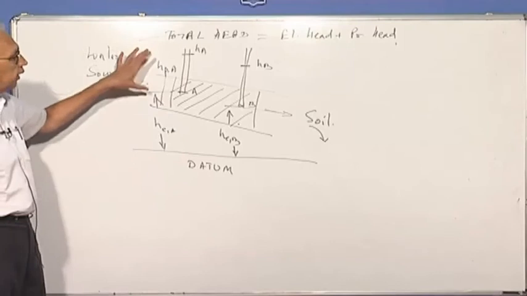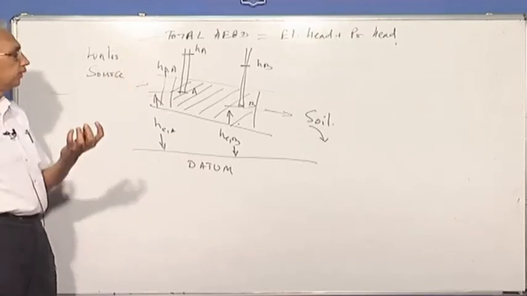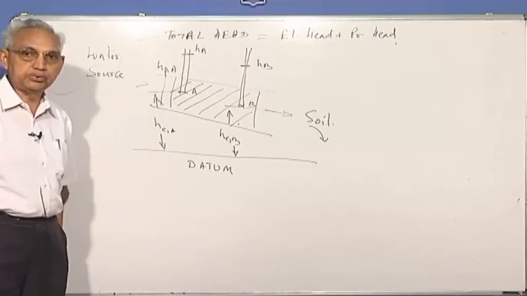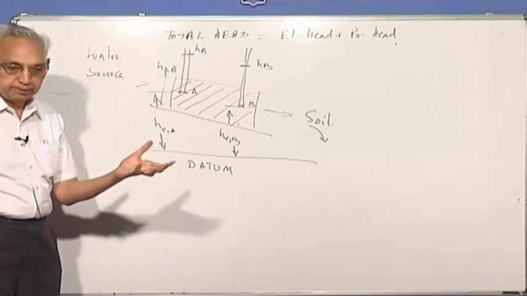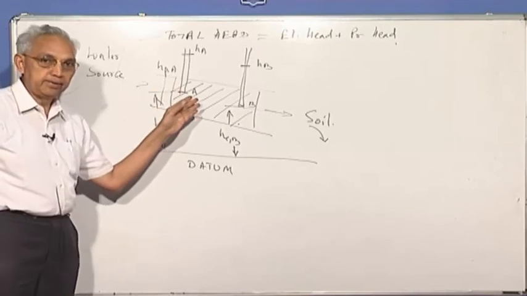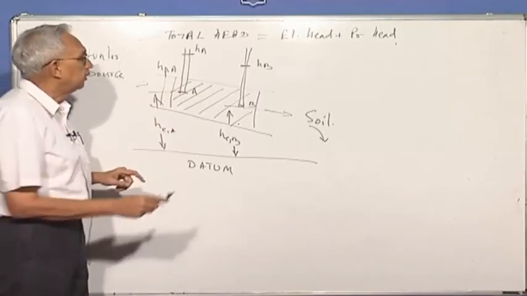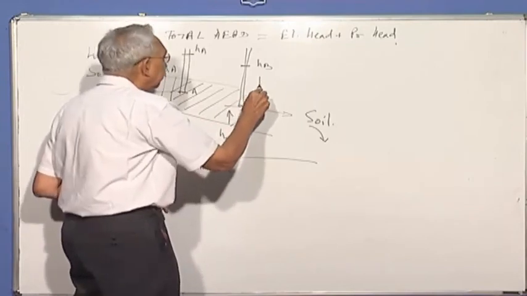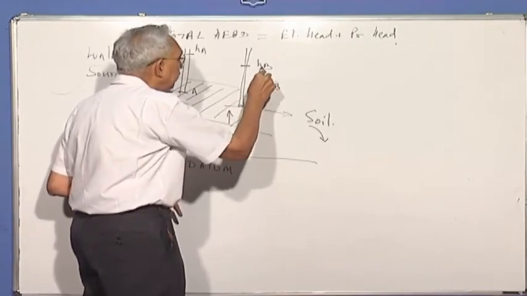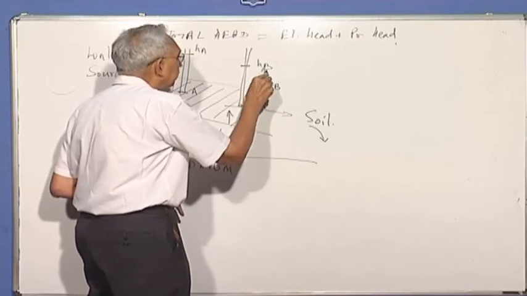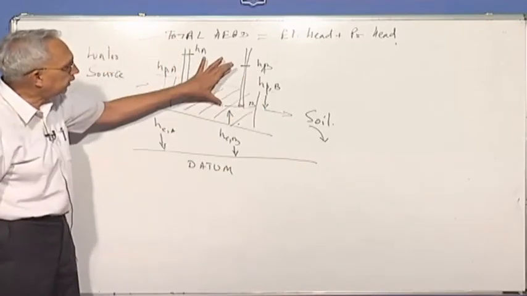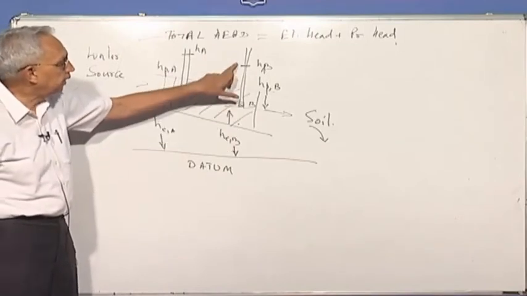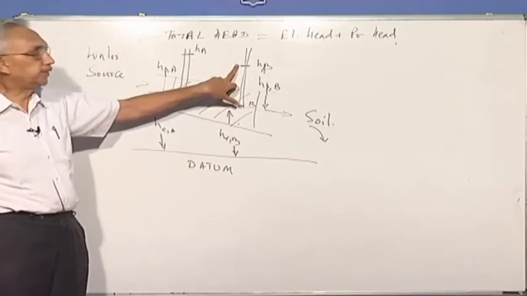Please remember, if I put a tube, depending on the pressure, the water level will rise in the tube. This is a basic principle you would have studied in all your hydraulics, fluid mechanics. Similarly, when I put the tube at point B, it will rise up to here, this elevation HB. So the pressure head here is equal to the distance from point B to the top of the meniscus in the tube.